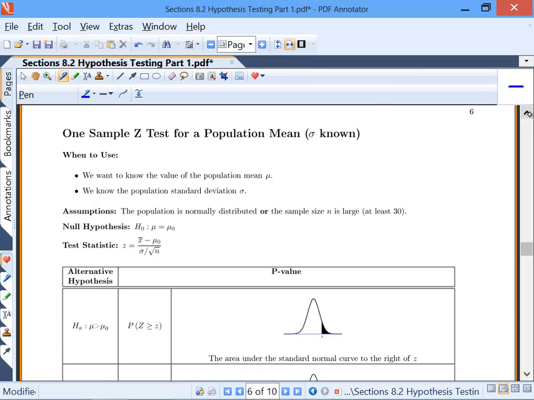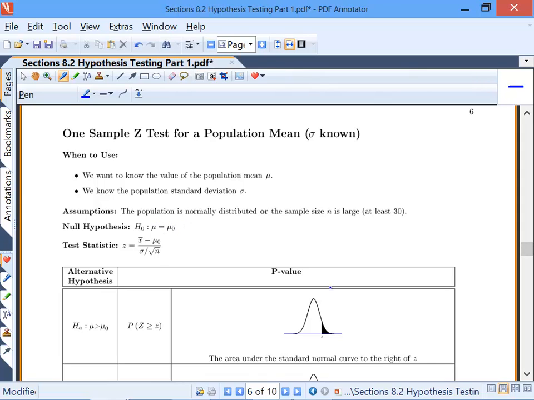The assumptions to use this test are that our population is normally distributed or the sample size is large, at least 30. That shouldn't surprise you, because that was our requirement to use confidence intervals, and to find probabilities using the normal distribution. Our null hypothesis is that mu equals some hypothesized value.